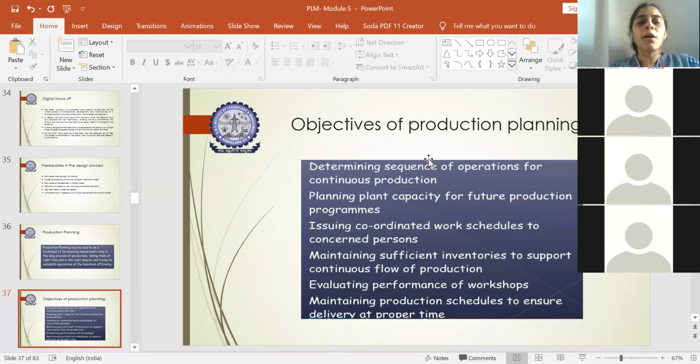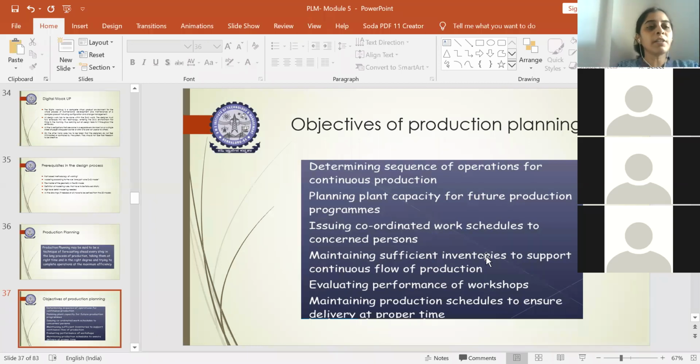So he has done all. Mainly the workshop where the actual work takes place, you have to check whether the workshops are performing properly or not, right? If it is not performing and some equipment is down, then how can the production go on? So you have to see whether the maintenance of each equipment is done properly, whether it is in running condition.